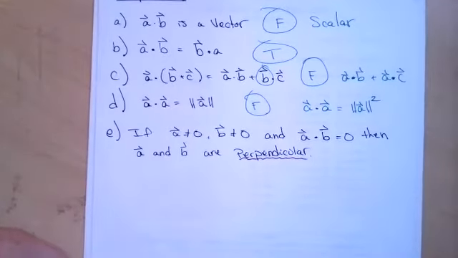So true or false here: if A and B are non-zero vectors, but their dot product is equal to 0, what does that tell us about the angle between them?